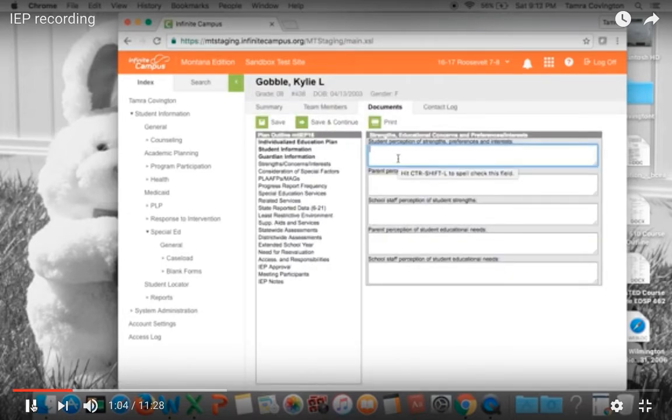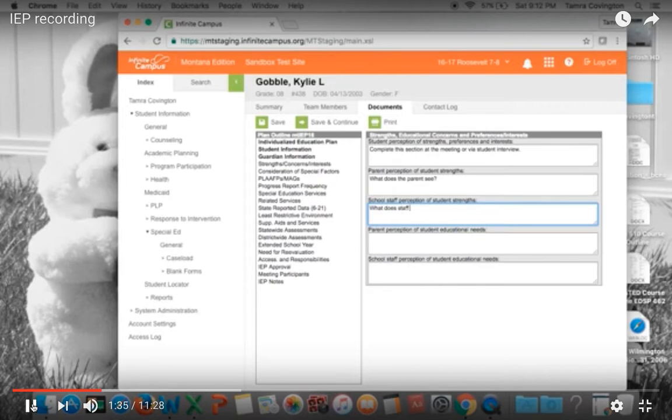Here you're going to be recording some information that you're going to get from the student. You're going to complete this section either with the student at the meeting or in advance. Then during the meeting, you're going to get the perception of the parents on the student's strengths, asking them at the meeting or beforehand.